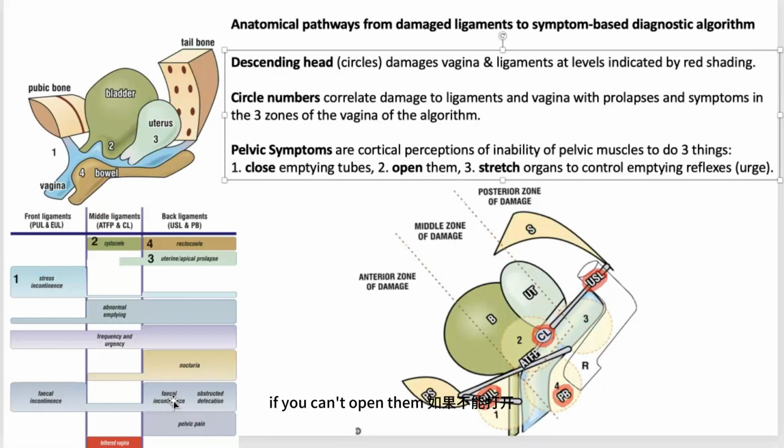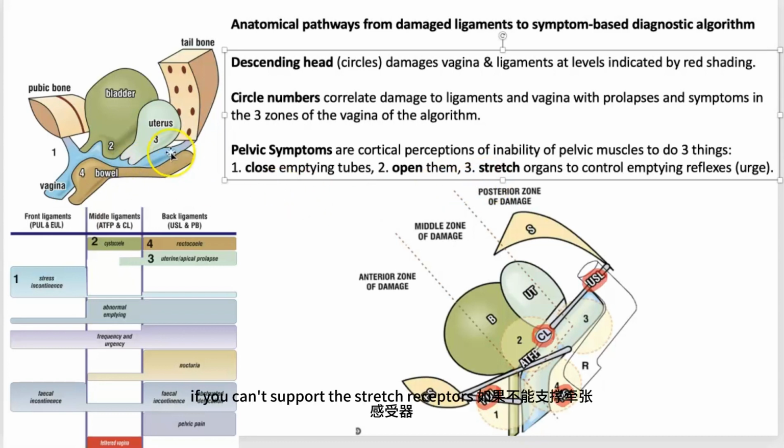To open them, if you can't open them, then the bladder and the bowel have to push against a narrow outlet, so you get symptoms of abnormal emptying of the bladder and obstructive defecation, abnormal emptying in the anus. The third, stretching the organs to control the emptying reflexes.